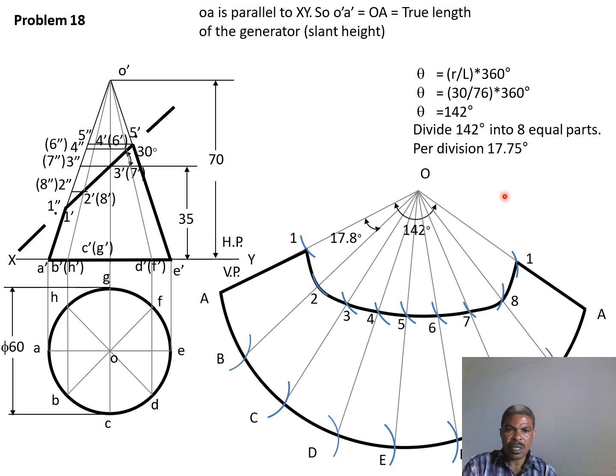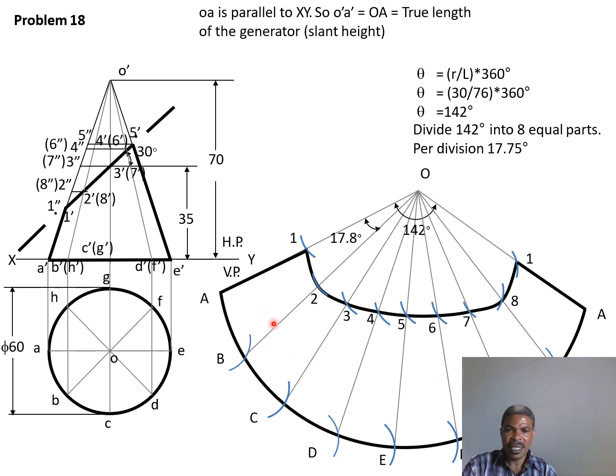So it was supposed to be 30 over 70 times 360 degrees. Then you get the total angle 142. This 142 is the theta here. Total angle turned through, that is theta.